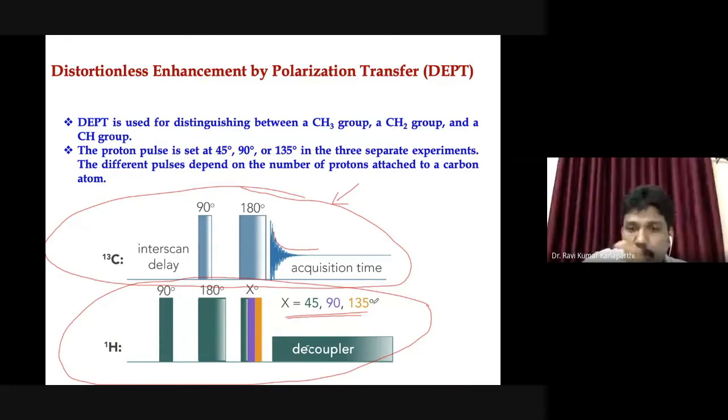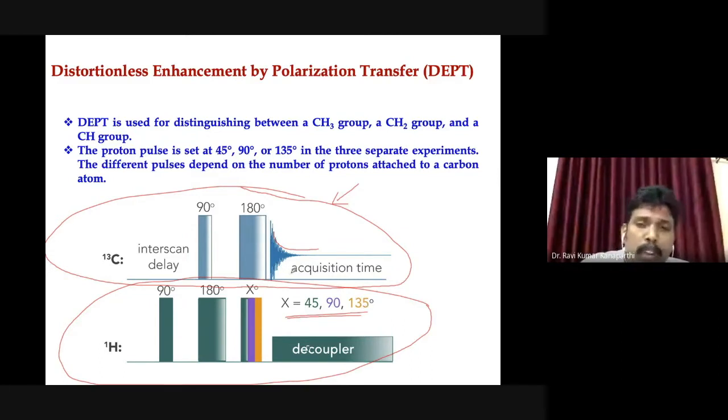In reality, based on how much time you apply, your magnetization vector will resonate at a particular angle with respect to the z-axis, and then it will relax back. When it is relaxing back, it generates signals, and that is the NMR signal. So that's the backdrop of all these 45, 90, and 135. I'm sure you can go back if you want further details.